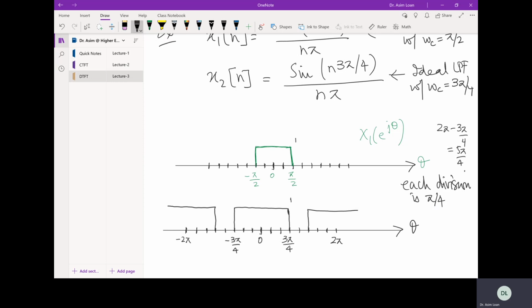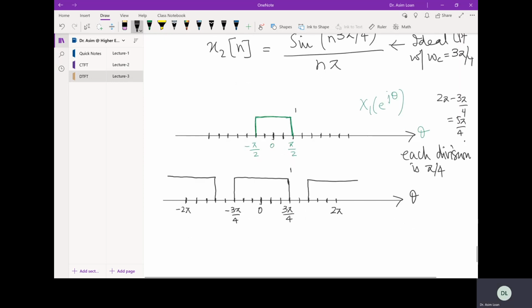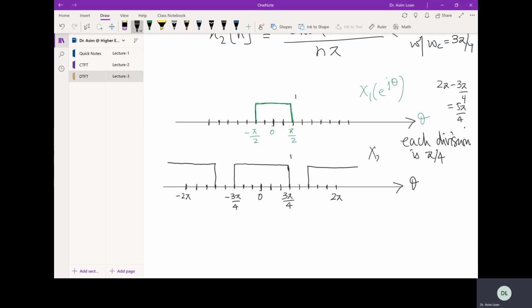Now what we want to do is, this is x2 of e^(j(omega minus theta)), where omega right now is 0.